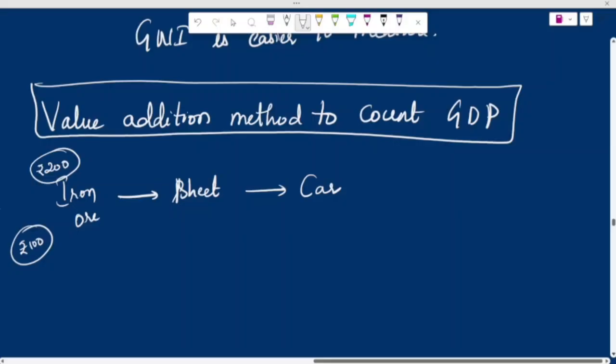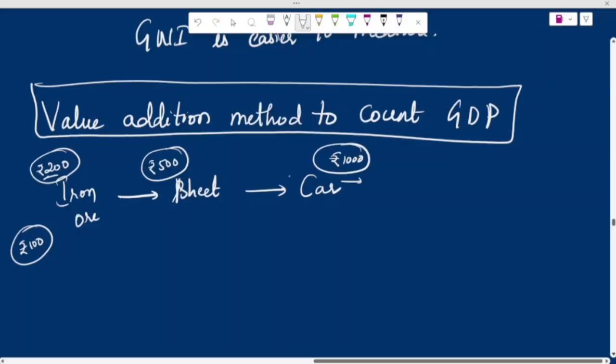That is nothing but value addition. Then this will be bought by some of the companies, some of the factories. They'll be turning the iron ore into an iron sheet or aluminum sheet or steel sheet. They'll be selling it to me for rupees 500. So after getting this iron sheet and making the car, I'll be selling it for rupees 1000. Just take it as an example.